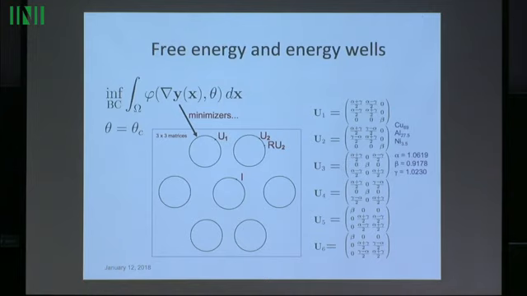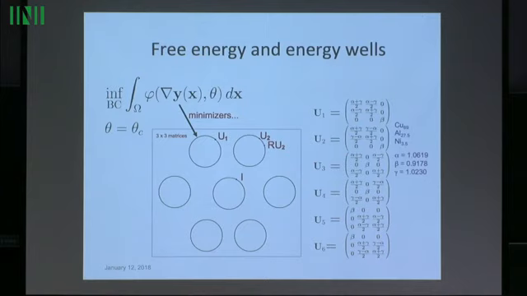And now, if you want to minimize the energy, it's very easy to start doing it by hand. For example, you can't do better when you're minimizing the energy, if the boundary conditions are consistent with it, than to minimize the integrand itself. So if I take the gradient and I try to stick it on these energy wells, then I can have an energy minimizer.